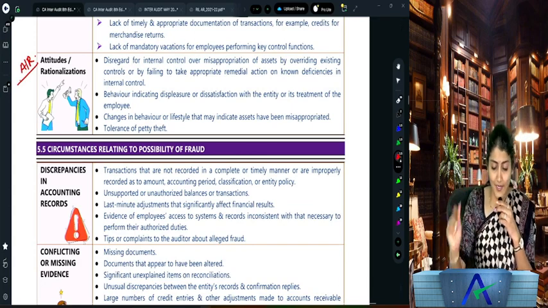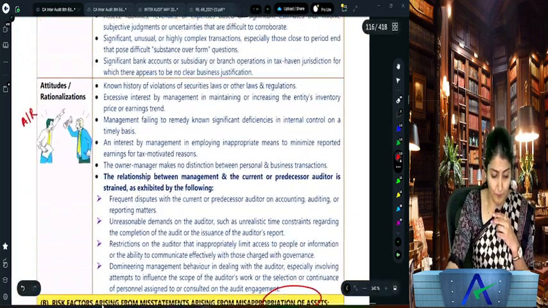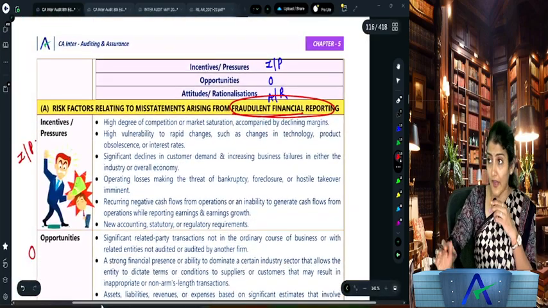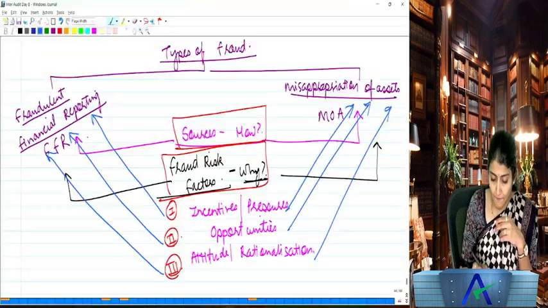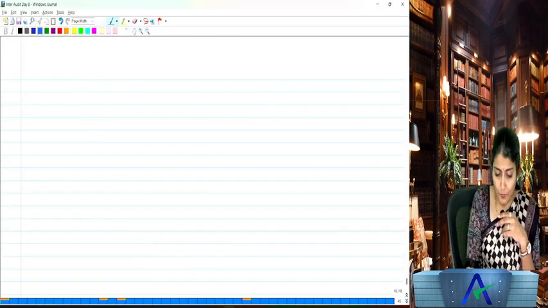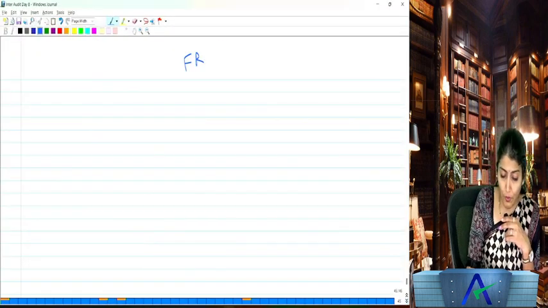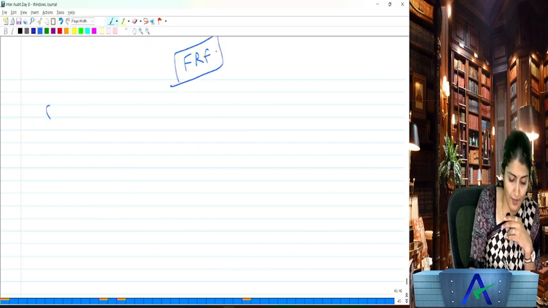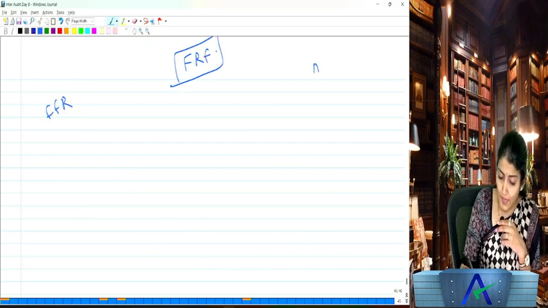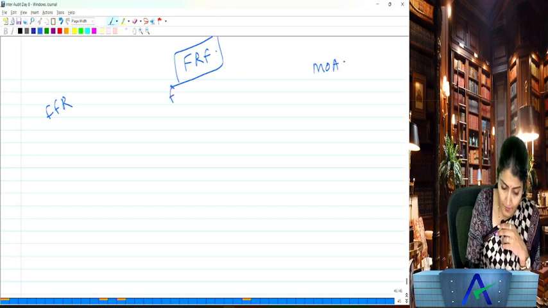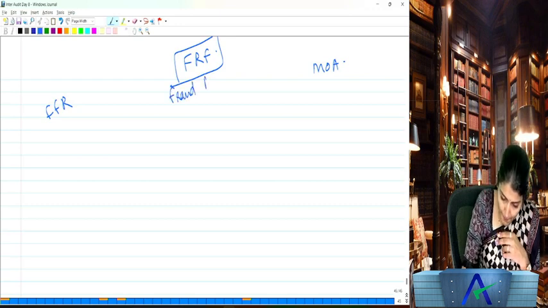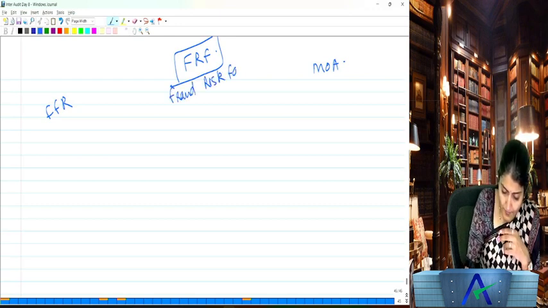Everybody, are you understanding the 6 questions over here? The fraud risk factors relating to FFR and MOA. Maybe if I write it another way, fraud risk factors for FFR and for MOA. What is FRF, everyone? Fraud risk factors.